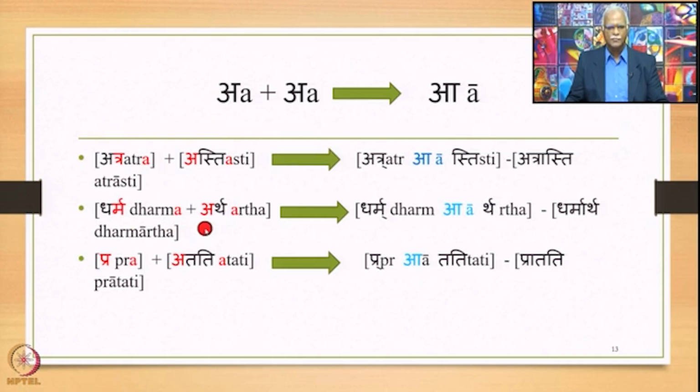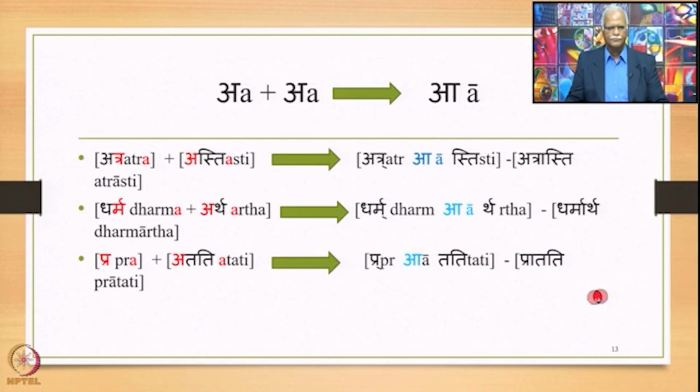Because they are in samasa, in compound, samhita is obligatory. So both of them are in close proximity, and so 6.1.101 applies and substitutes the long variety of a in place of both of them. So we have dharma, a and rtha as the output. When we join them together, we get dharmartha as the output.